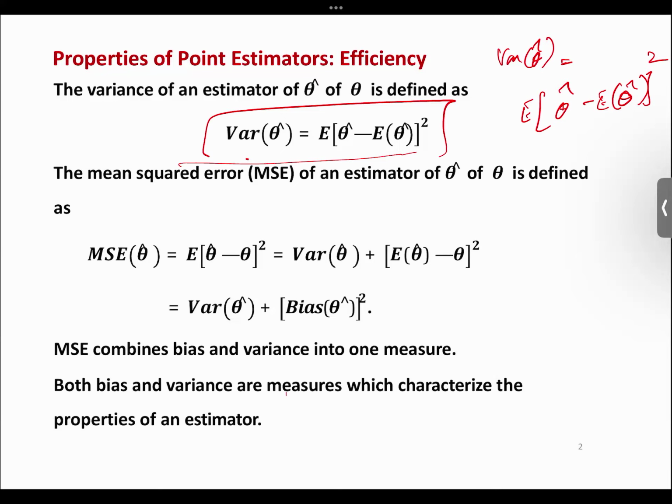When you derive this expression, you'll have this term: mean square error is equal to the variance of your theta hat plus the square of your bias. So basically, you need to have variance low, and bias also has to be low. Overall, your mean square error also has to be low for the estimator to be efficient.